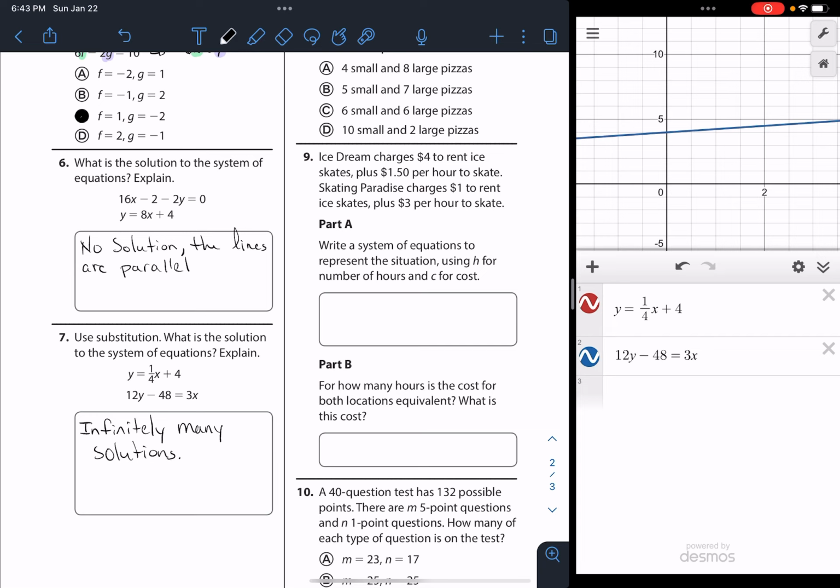Infinitely many solutions, and if they ask you to pick an explanation, you would just say infinitely many solutions, because the two lines are the same. And you're all done. Infinitely many solutions.